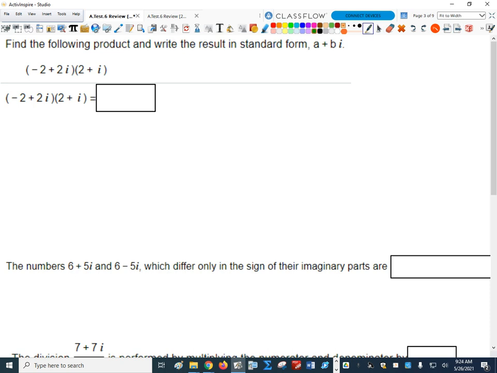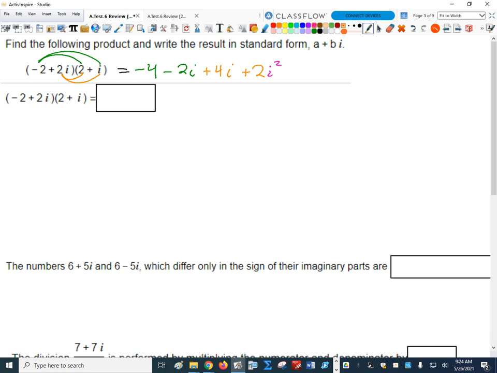Okay, so let's go through this then. So if I distribute the -2, I'm going to get -2 times 2 is -4. -2 times i is -2i, right? If I distribute the 2i, 2i times 2 is plus 4i, and 2i times i is plus 2i squared.